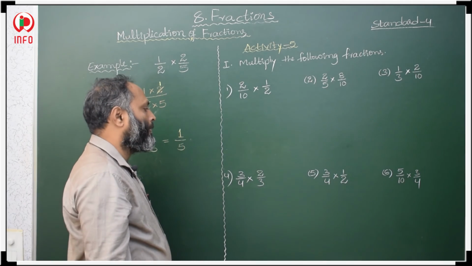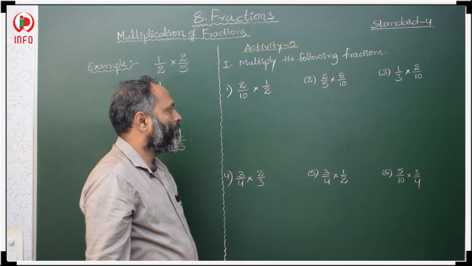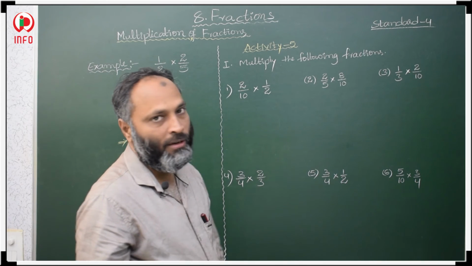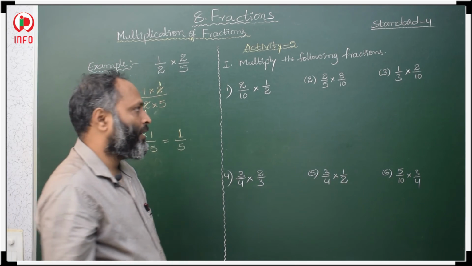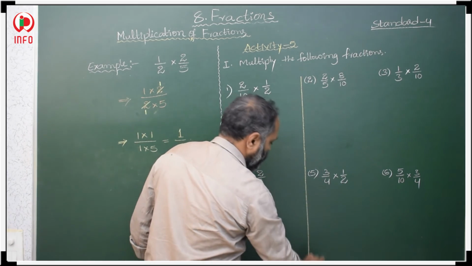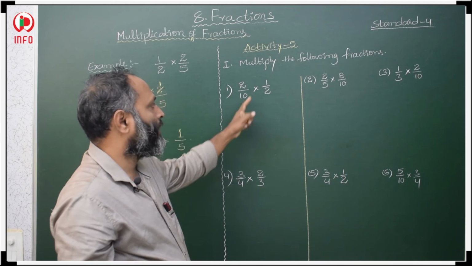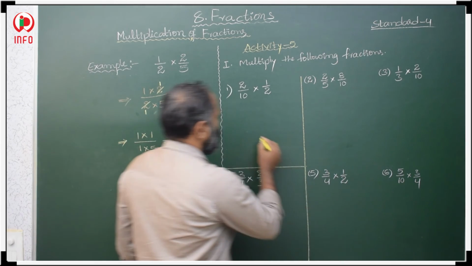Now here in activity 5 some fractions are given, so we have to multiply those fractions. The first one is 2 by 10 and 1 by 2. So what we have to do?